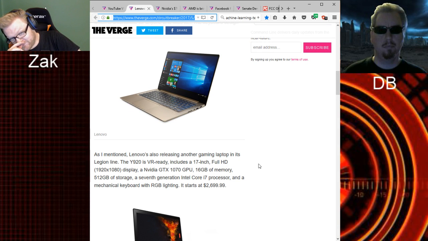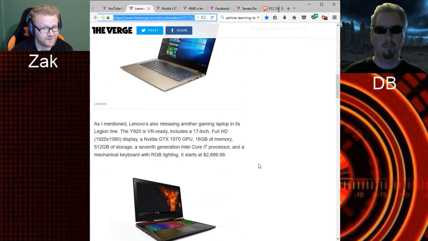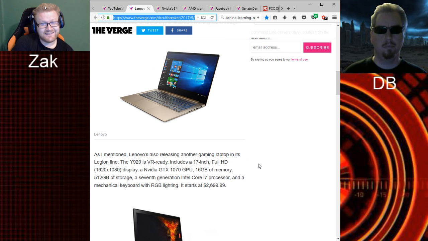So it's an i7 with a GTX 1070, 16 gigs of RAM, and 512 gigs of storage, with a built-in mechanical keyboard with RGB lighting for the low price of $2,700. What? So that's basically the mechanical keyboard and a 1070 right there.